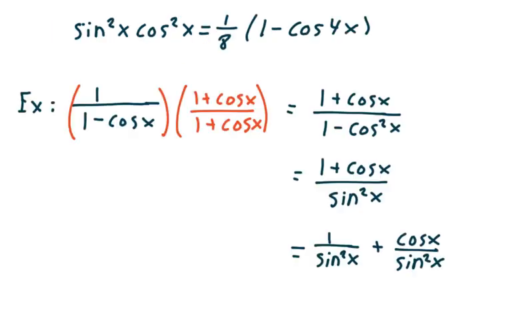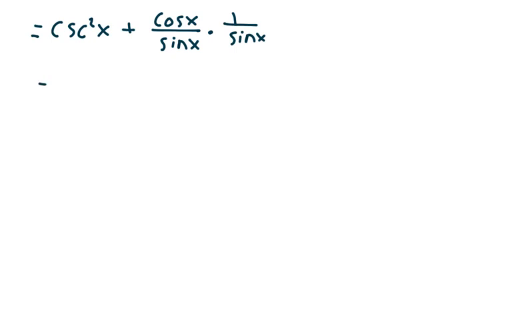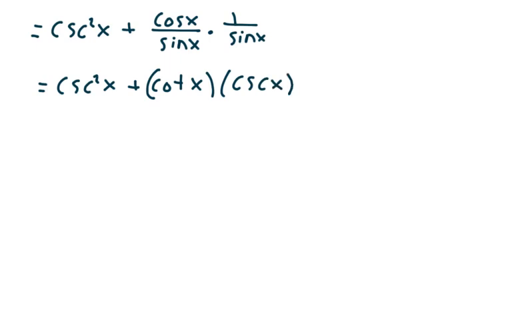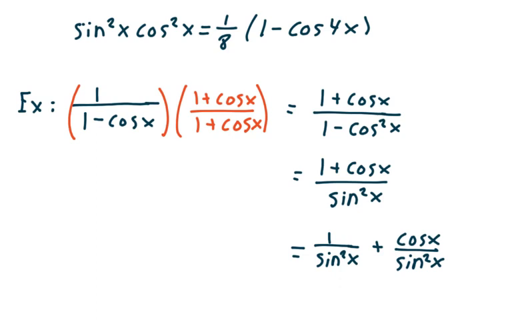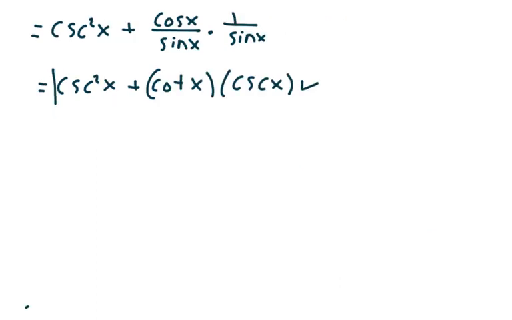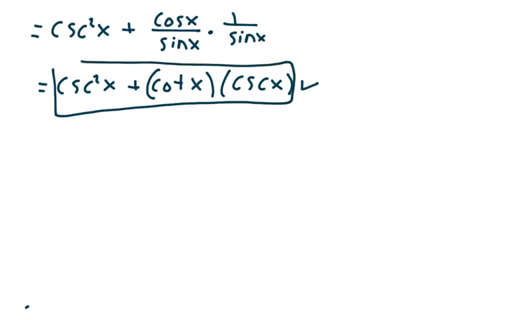So I didn't do anything fancy. I just wrote sine squared x as sine x times sine x. And so this is cosecant squared x plus cotangent x times cosecant x. And so by rewriting 1 over 1 minus cosine x in this fashion of what I'm boxing, I put myself in perfect position to be able to integrate something like this.